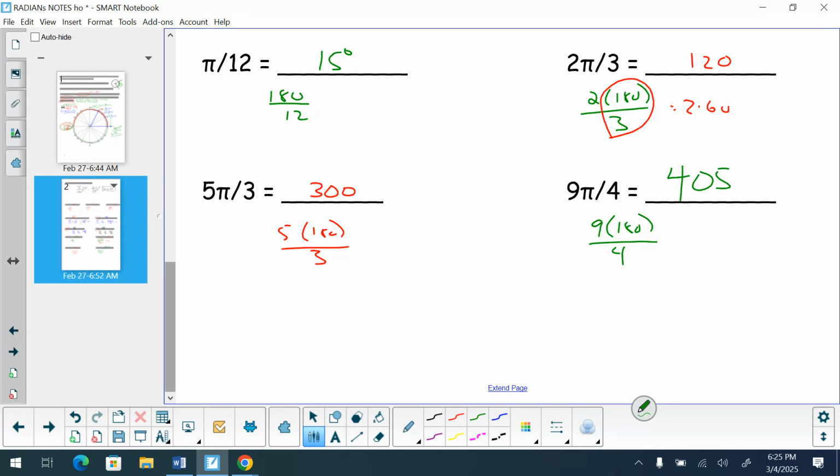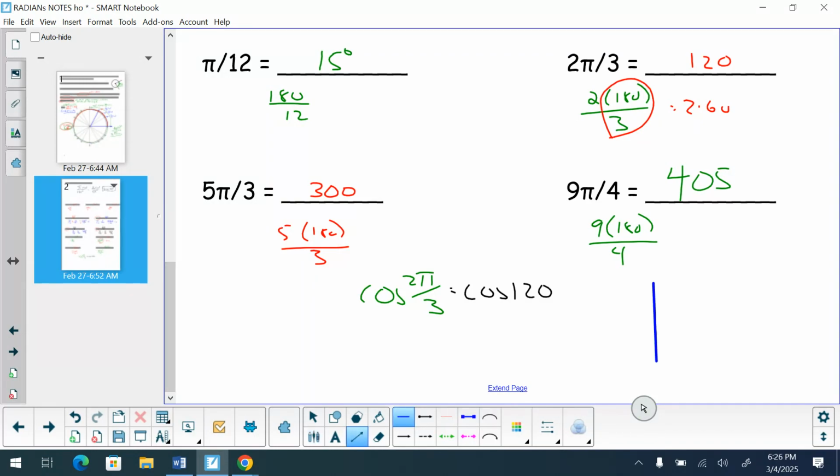Now what you'll be asked to do in your homework is find exact values. So you'll be asked to find maybe the cosine of 2 pi over 3. My suggestion to you is change it to degree mode first, because radians are a little bit iffy for us as we go along, because it's something that's new to us. So why not make life a little bit easier on ourselves? 2 pi over 3, we have pi over 3 is 60 times 2. This is the same as the cosine of 120 degrees.